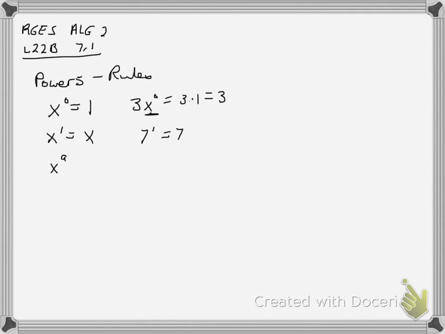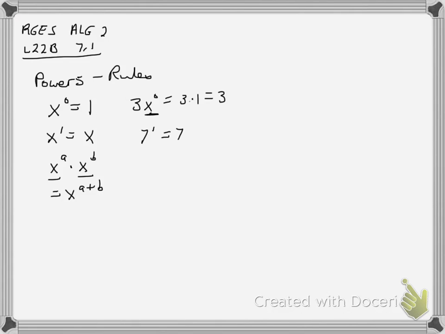If I had x to the a power times x to the b power, same variable, different exponents, and I'm multiplying them together, I add my exponents. That would equal x to the a plus b.